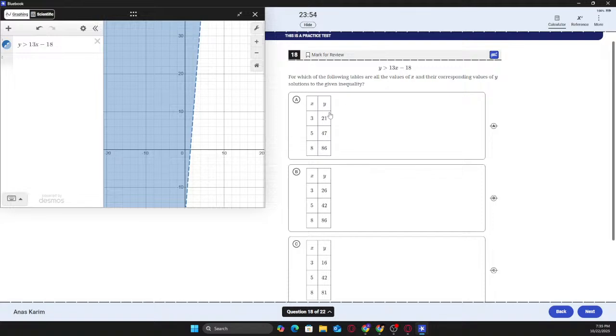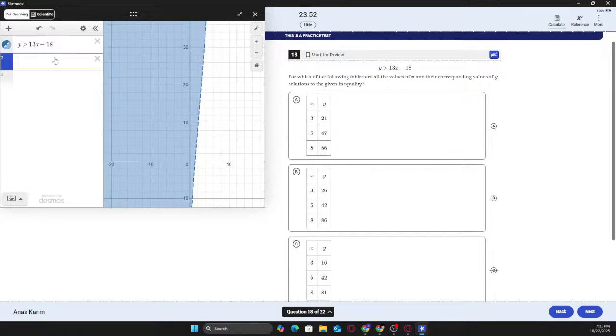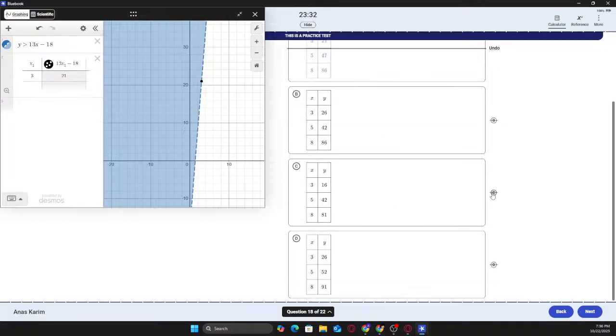You can do a table real quick. 13x minus 18: with 1, we have 3, so that's 21, so that's incorrect itself. That's incorrect as well. And then we're given 5, it should be 47, so the answer is that.